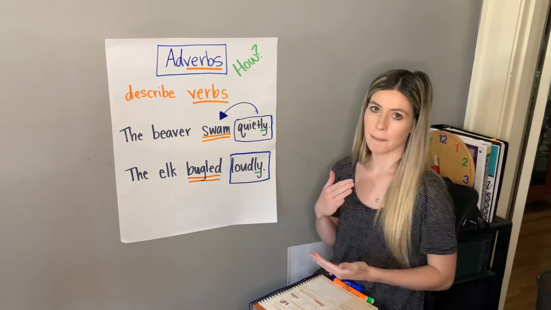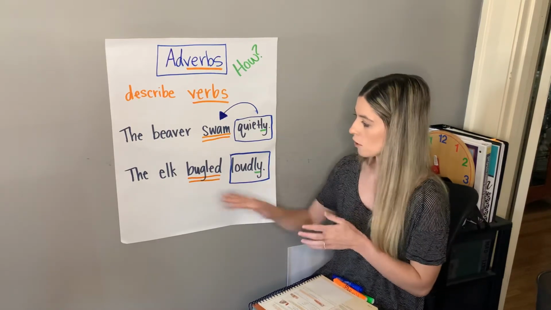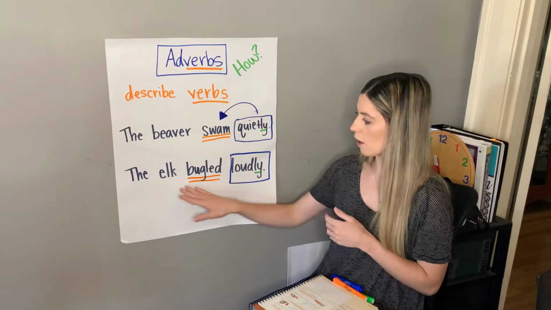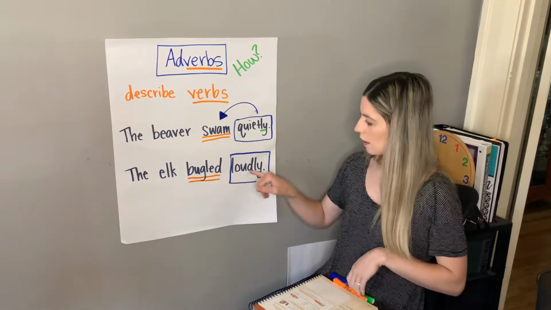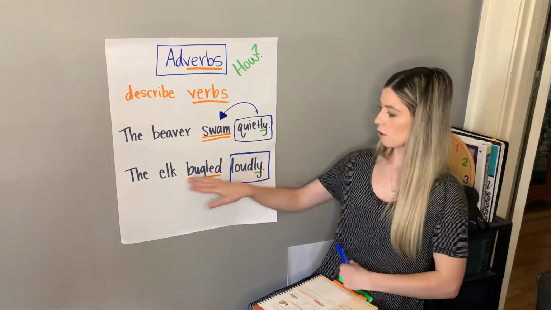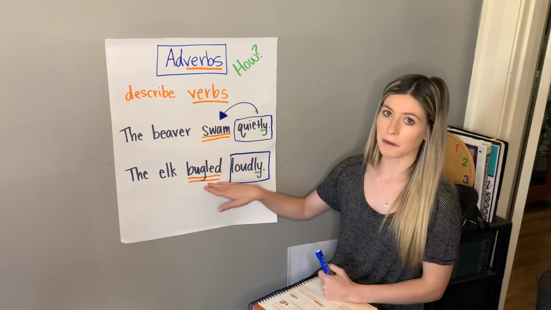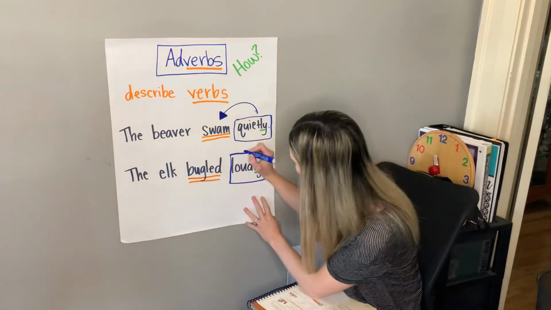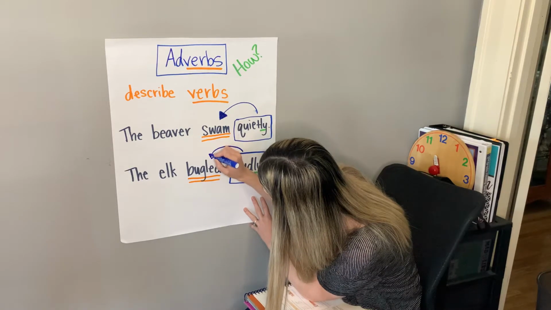Elk is the noun, the person, place, or thing that the sentence is about. So what did the elk do? The elk bugled. But how did he bugle? He bugled loudly. So loudly doesn't describe the elk. The elk isn't loudly. He's bugling loudly. So we're going to draw an arrow from loudly to bugled.